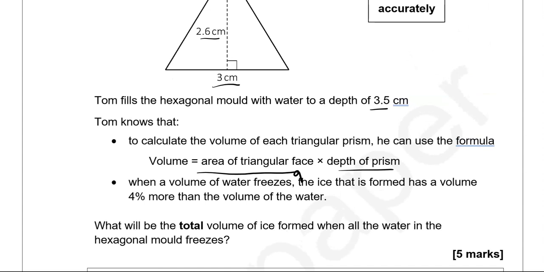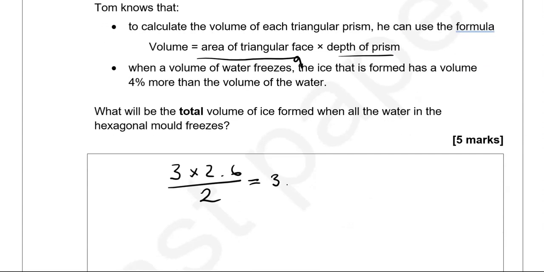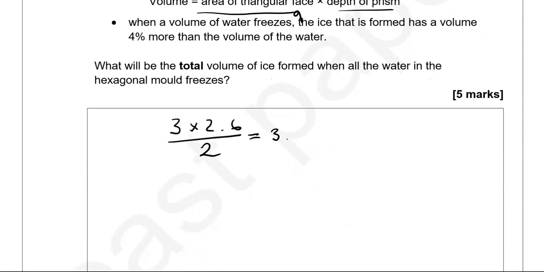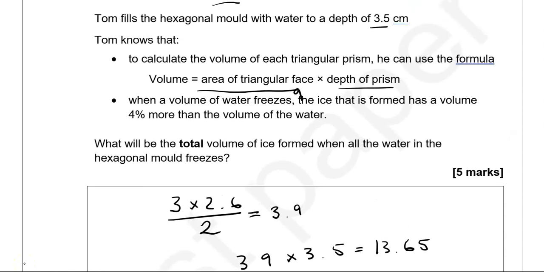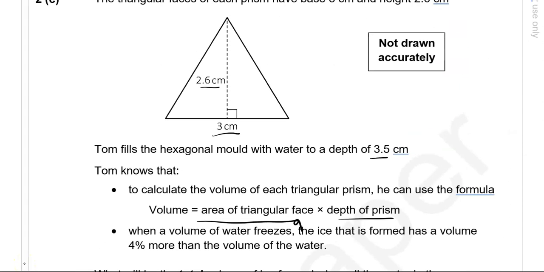Now we multiply by the depth, which is 3.5. So 3.9 times 3.5 gives us 13.65. So this is just for one of the triangular prisms.